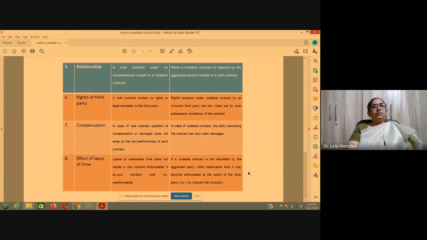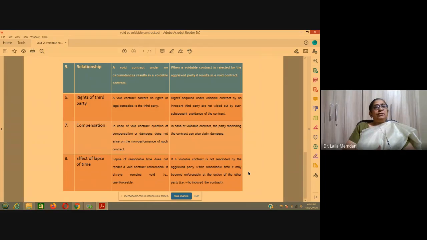A void contract under no circumstances results in a voidable contract. A voidable contract, when it is rejected or set aside by the aggrieved party, becomes a void contract.